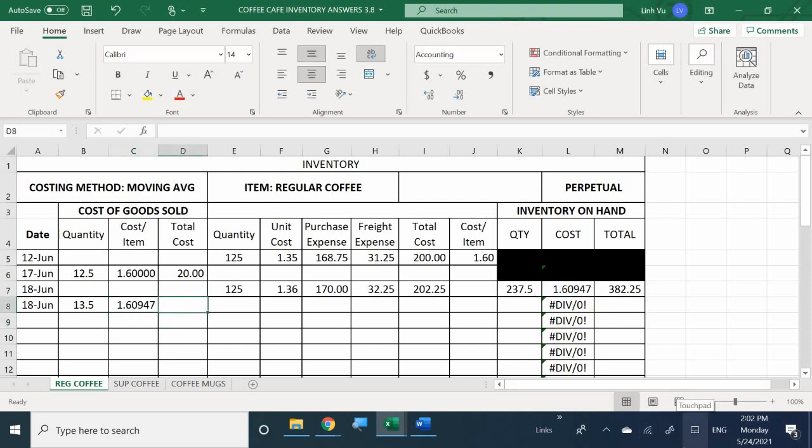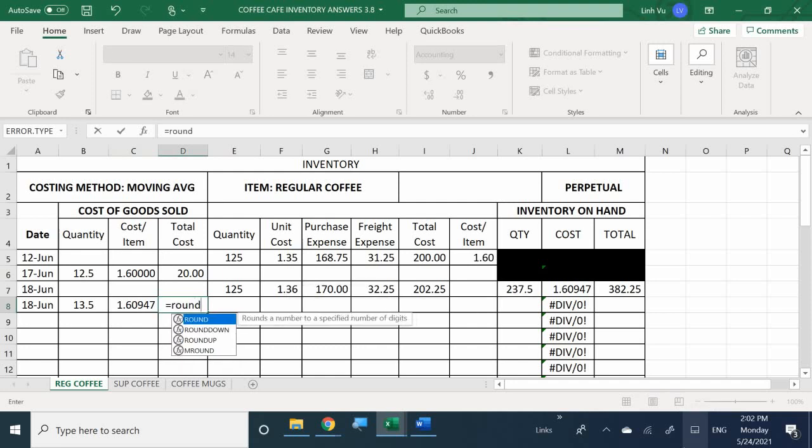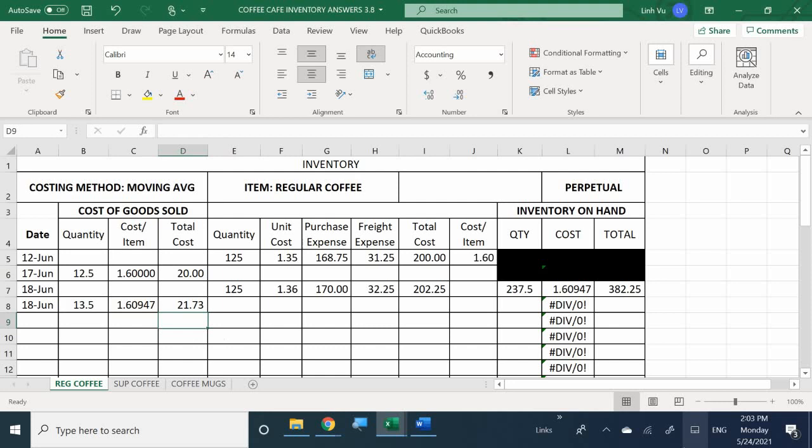The total should be $21.73. Okay, go ahead and update your inventory right now.